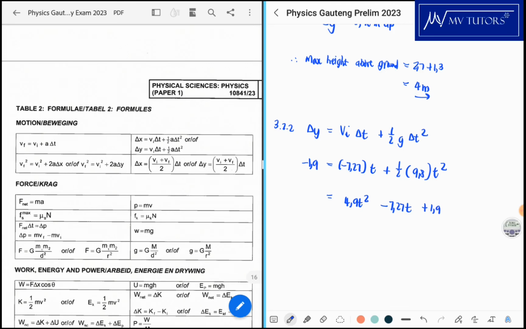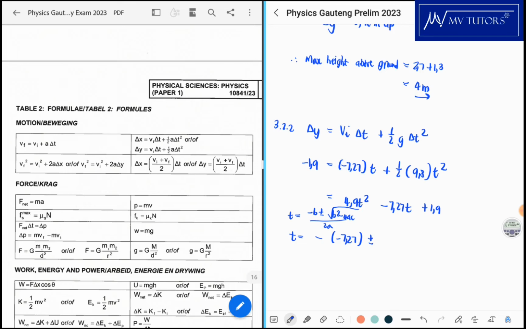You're going to use the quadratic formula where t is equal to negative b plus minus the square root of b squared minus 4ac, all divided by 2a.